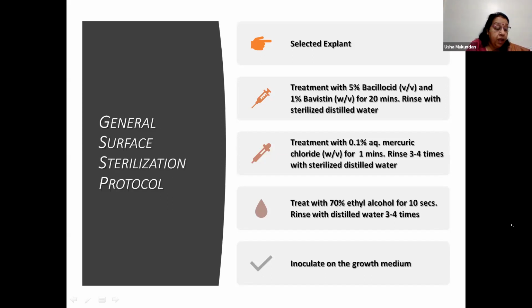Sterilization, what does it mean? Removal or destruction of all viable microorganisms. And the word sterilization normally is used for inanimate, that means not animals. So for plants, you can use the word sterilization. But for animals, you use the word disinfection.